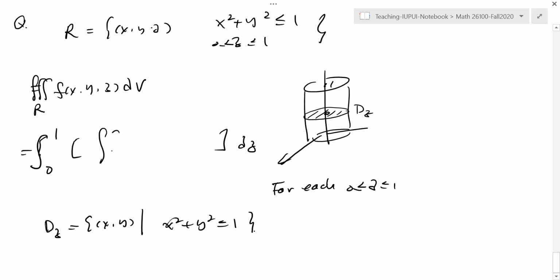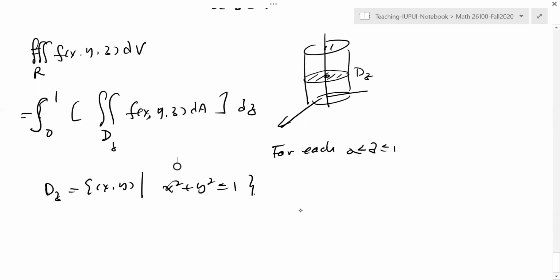Then this will be the double integral of f(x, y, z) dA. Since the domain is independent of z, it is the same D, so this can be removed.